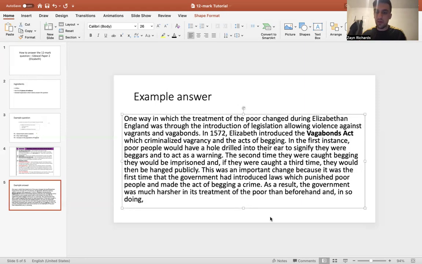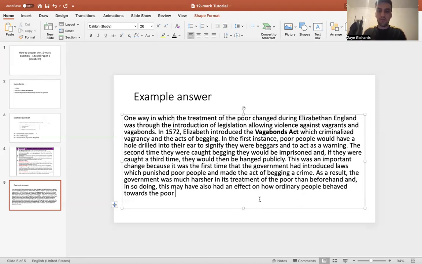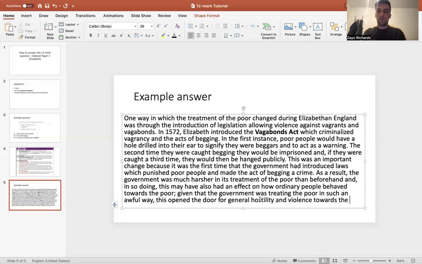And in so doing, this may have also had an effect on how ordinary people behaved towards the poor, given that the government was treating the poor in such an awful way, this opened the door for general hostility and violence towards vagrants.